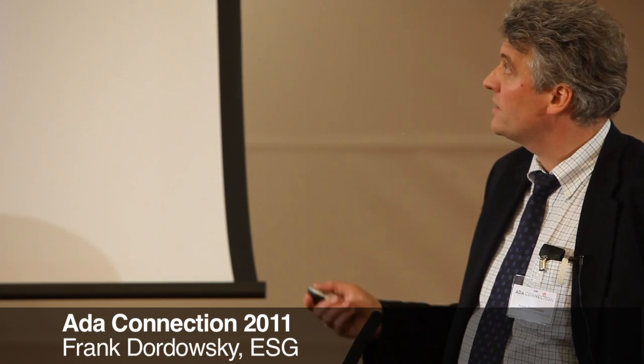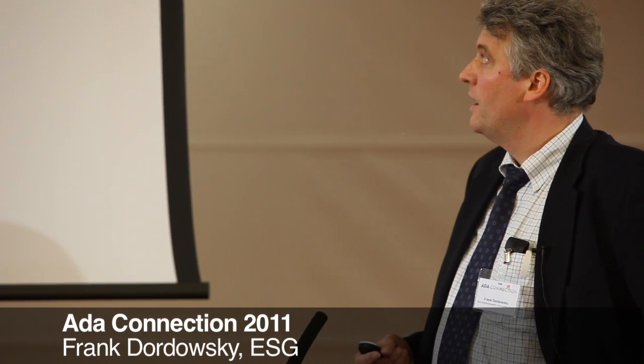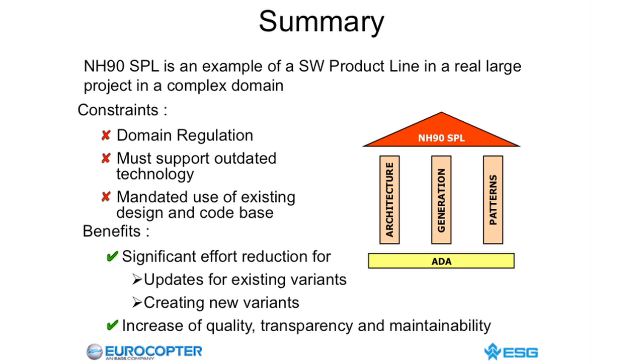The constraints we have are, as I said, the domain regulations, mostly DO178B, or some military standards like the 2167. And we have to face the problem that we have virtually outdated technology. And we also had to leverage the existing design and code base, just for the purpose of investment protection.